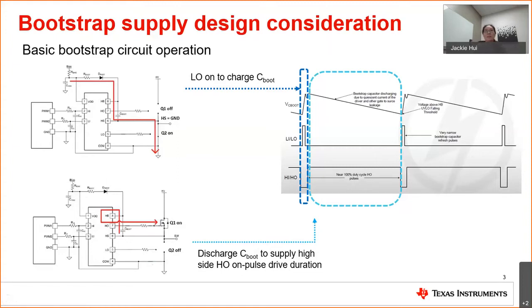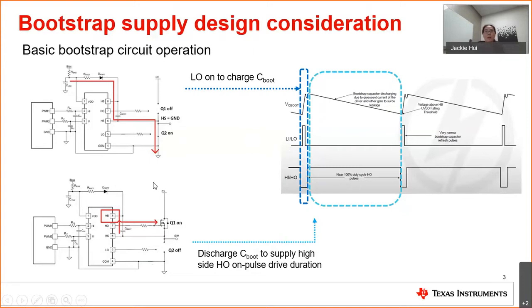When we are doing switching operation between the high side and low side, when the low side is turned on and the high side is turned off, it creates a current path that allows current to flow from the power supply, which is the VDD pin in this example, into the boot cap and charge up the boot cap. The timing diagram on the right-hand side, indicated by the darker blue box, shows how the voltage at the boot cap rises when the low side is turned on.